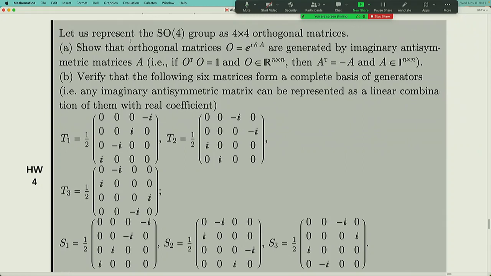matrices. And how many of these kinds of matrices are there? Of course, there are an infinite number of these matrices in principle, but all such 4 by 4 matrices will be a linear superposition of these 6 different matrices.